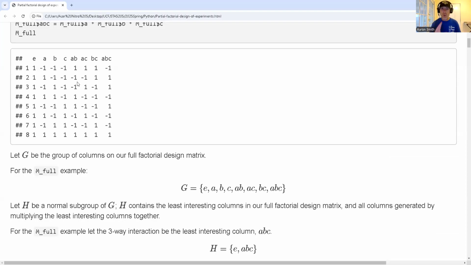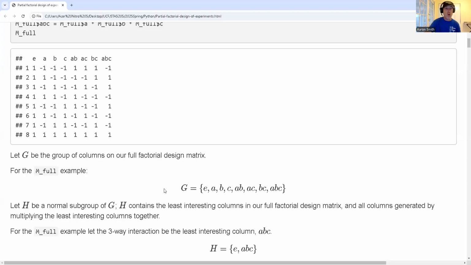All right, it works out, believe it or not, that if I multiply any two of these columns together, I'm always going to get a column that is in this matrix. There are no more that I could possibly get. Okay, well, now I might be able to get a column of all negative ones, but that corresponds to the intercept, by the way. So if it's perfectly correlated with another, it counts for this purpose.